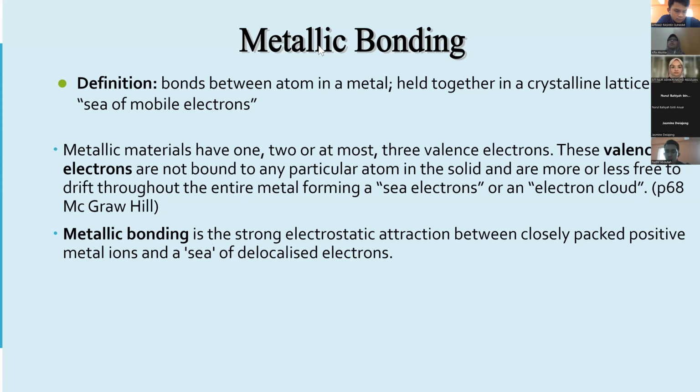All right, and then the metallic bonding. The third bonding is the metallic bonding. We have learned about ionic bonding, covalent bonding, and now metallic bonding. Of course it happens in a metal, or in some cases in an alloy.